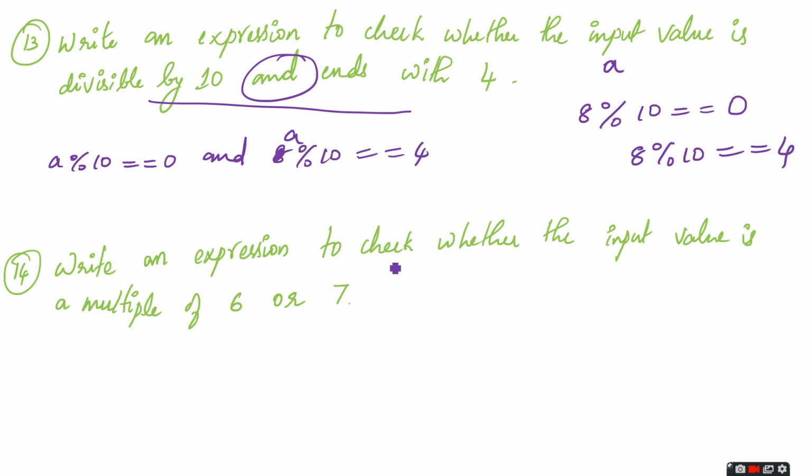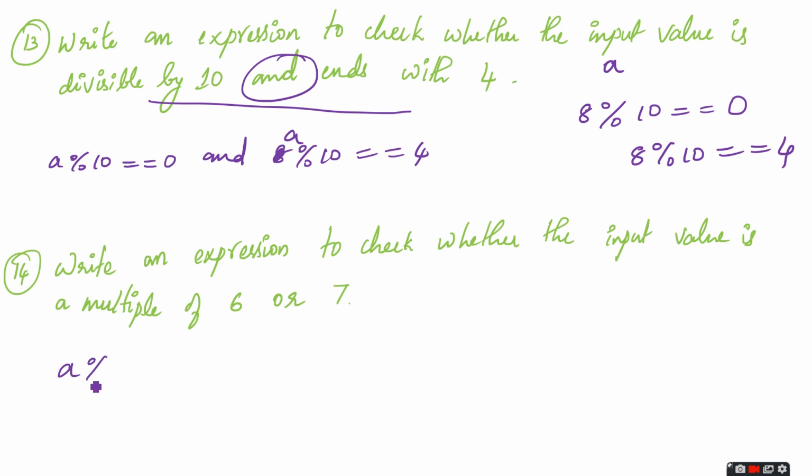Then write an expression to check whether the input value is a multiple of 6 or 7. That means we have to check whether the number is a multiple of 6 or 7, meaning whether it is divisible by 6 or 7. So we know how to check the divisibility. We can take the variable a to input the value.